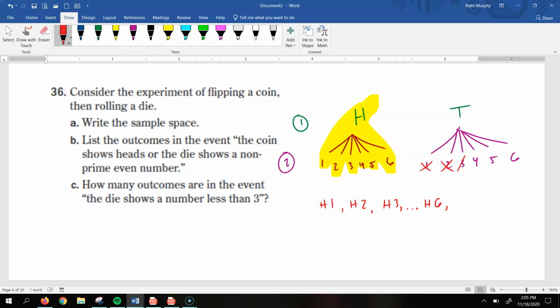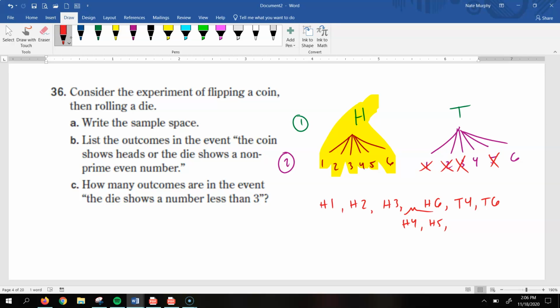The 3 is prime, so we're going to cross that out. 5 is prime. So the only non-prime even numbers would be the 4 and 6. So we could get a T4 and a T6. Those would be all the possible outcomes. I guess I could have just written the H4, H5 there because there are just 2 extra letters. There. Now we've got them all listed.